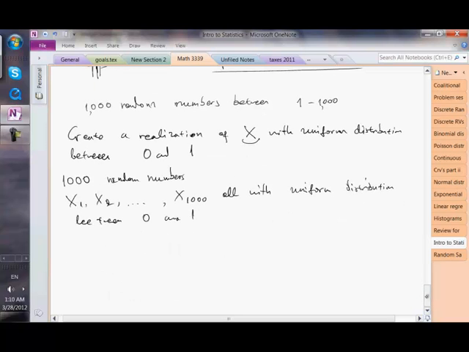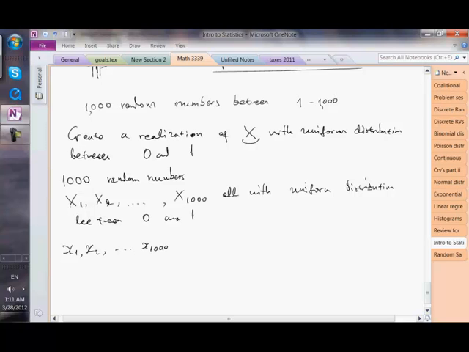Now, once I press the button and I create those, as I did before, then I have the realization of a uniform distribution. So now, after I press the button, as I did in the previous screen, I get my 1000 random numbers.